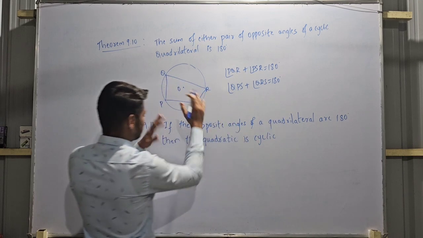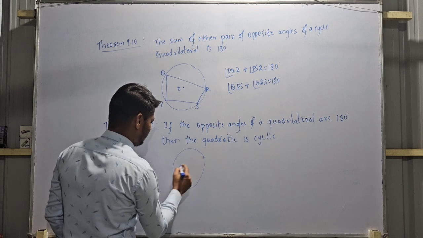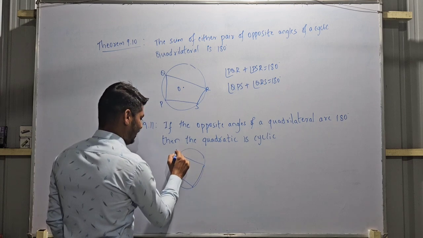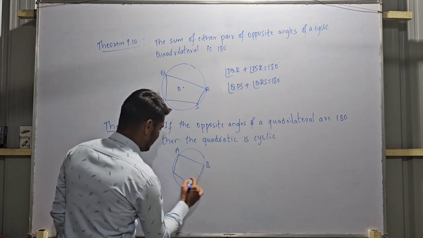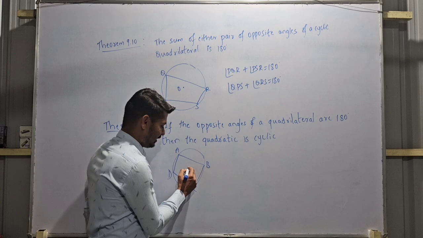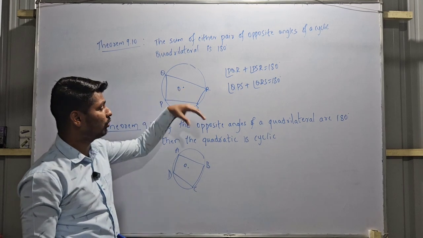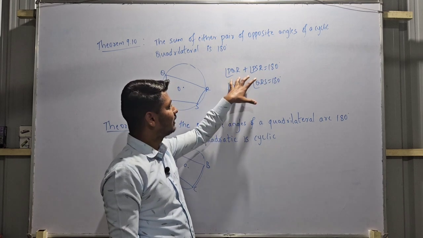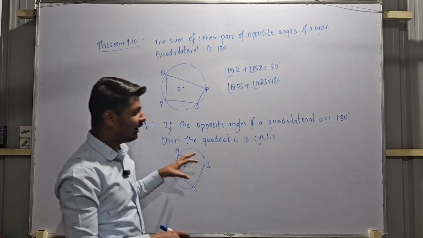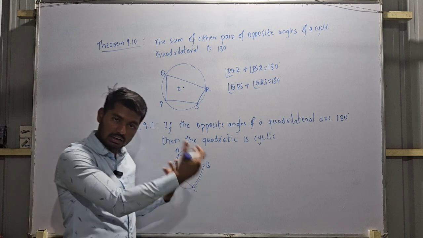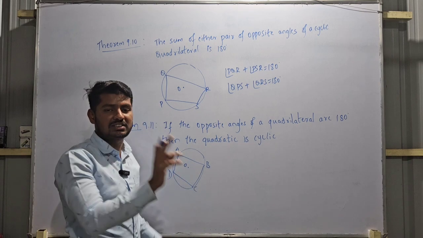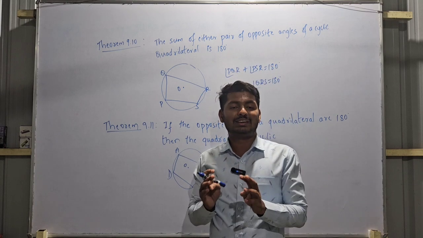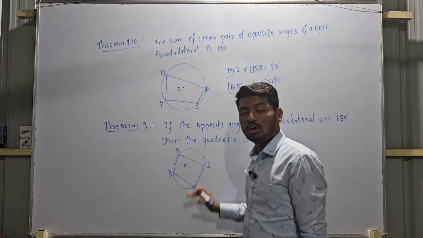That means for the same quadrilateral, here I'll take ABCD, and this is the center. If the sum of opposite angles of a quadrilateral is 180 degrees, then 100% that quadrilateral is a cyclic quadrilateral, that is, all four vertices will be on the circle.